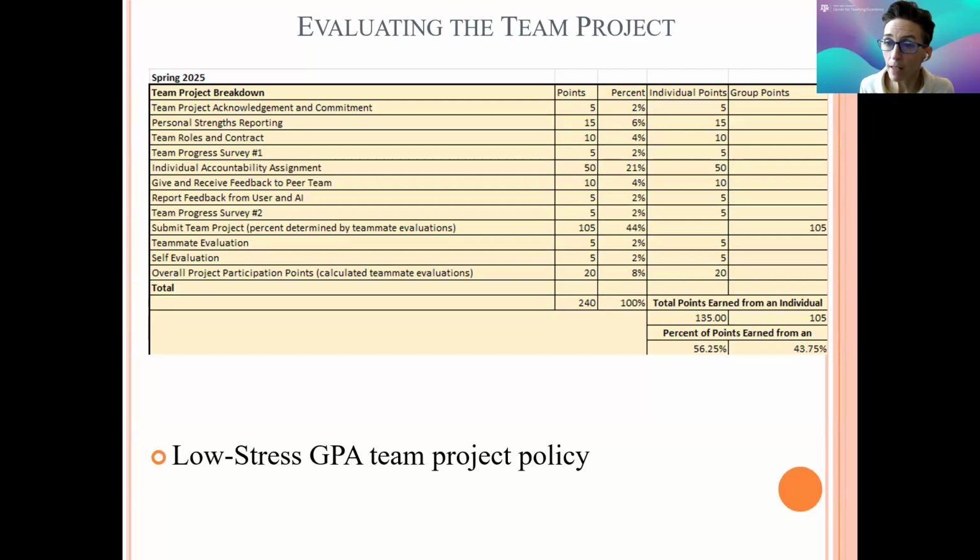Now, let's say someone in the team gets 50% of the participation points, which means they really didn't show up. They weren't very helpful. They didn't do what they were supposed to do. If they get 50% of the participation points, then they will get 50% of the deliverable points. So if everyone else earns 105, they won't earn half of that. And that's how it would go.